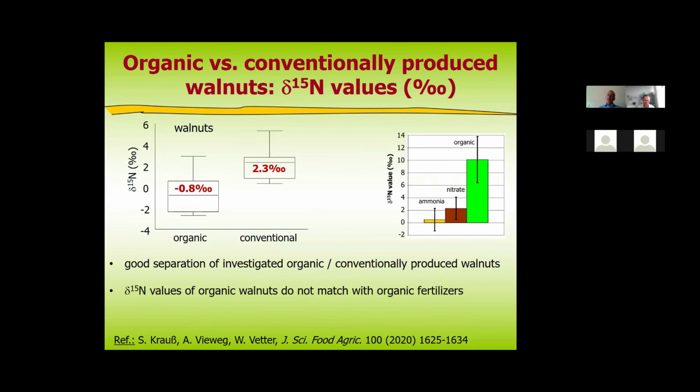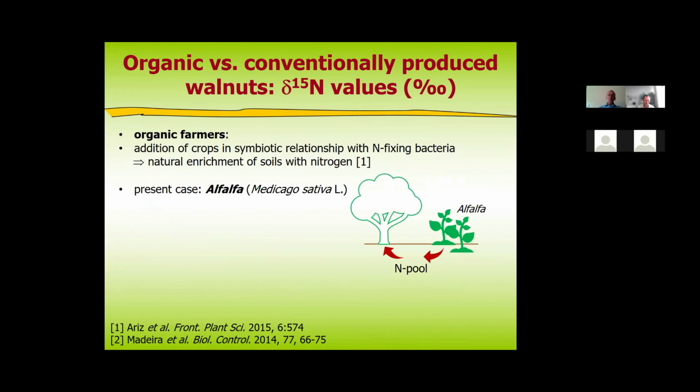This can also be explained very well, because organic farmers have to check that enough nitrogen can be fixed. Therefore, they add crops in symbiotic relationship with N-fixing bacteria. And in that case, where you have the walnuts, it was alfalfa.